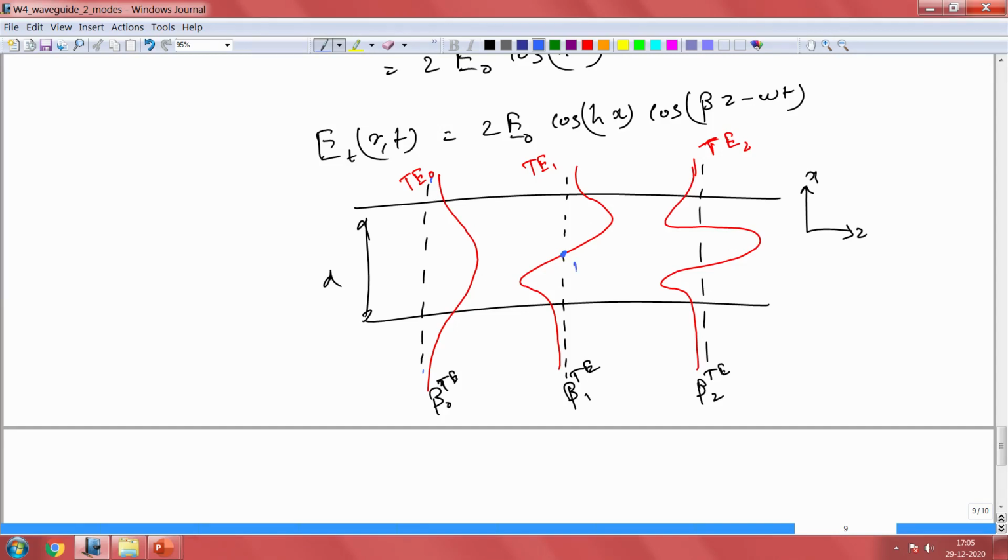So, we call this 1. There is no crossing, this is 0, and here there are 2 crossings, and here the mode number 2. So, 1, 2, these are all higher order modes. So, these two are higher order, and this is what we call the fundamental mode.